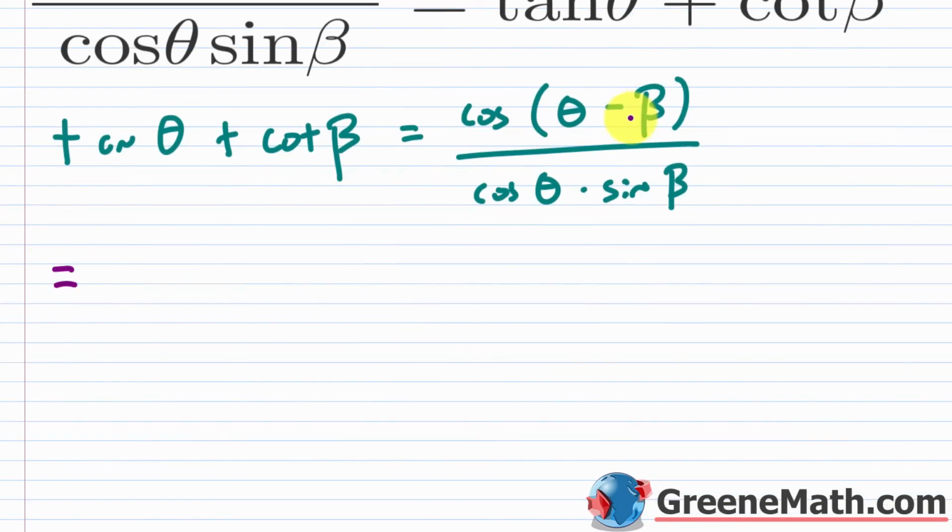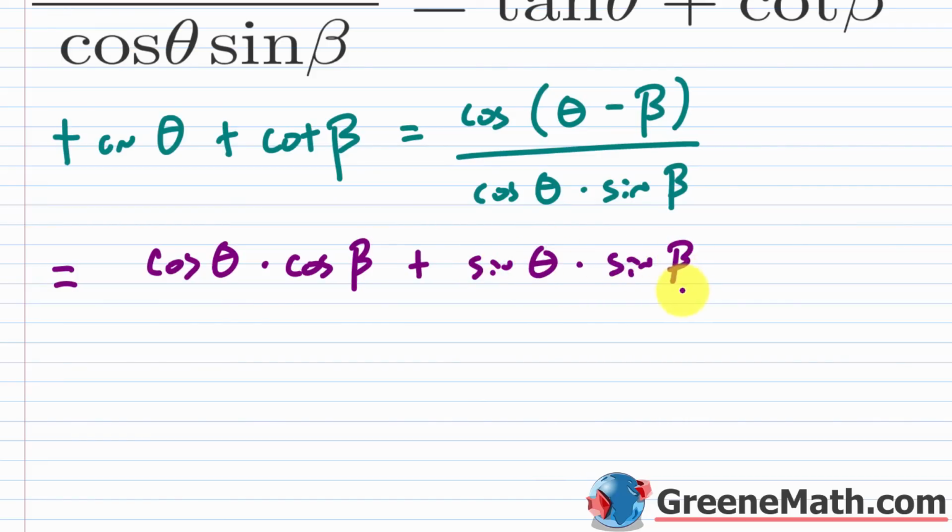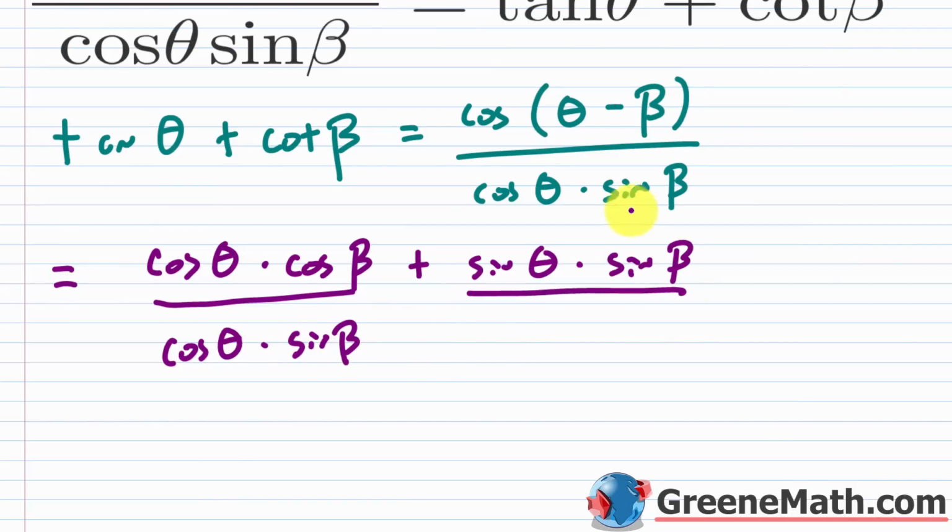I'm going to use my cosine difference identity here for the numerator. So this is the cosine of theta, then times the cosine of beta. Then this is a minus, so I want a plus. And this is the sine of theta times the sine of beta. Now, what you could do is actually split this up and put this part over this denominator. So this would be the cosine of theta times the sine of beta, and then put this part over the denominator.